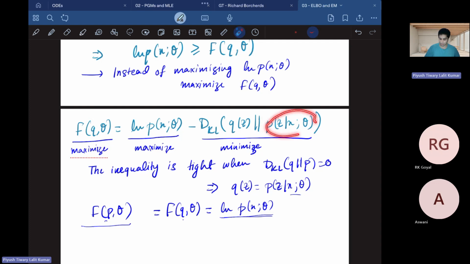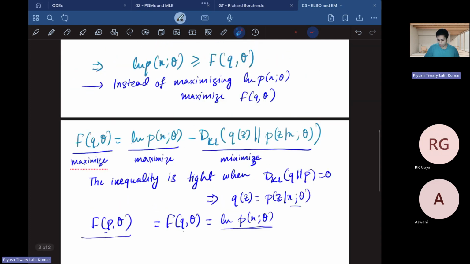In Gaussian cases like Gaussian mixture models, it is very easy to compute this. However, in case of complex things like neural networks, this becomes intractable. You won't be able to calculate this, and hence everything falls apart. You won't be able to use EM.